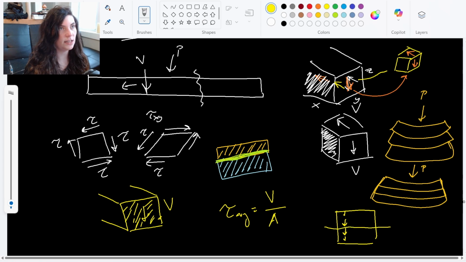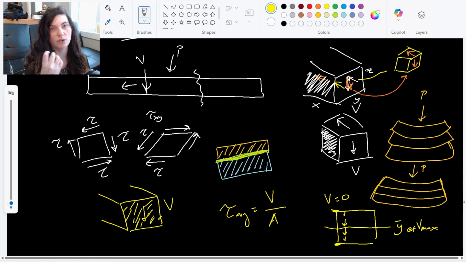So at the centroid, this is where shear is a maximum, or Vmax at centroid. And then there is no shear at the very top and very bottom, the outermost edges of the beam. Shear is 0, and then shear increases till we get to the center, and then it decreases again. So we're going to see the most shear stress at the center of our cross sections, wherever those centroids are. That's where we see the most shear.